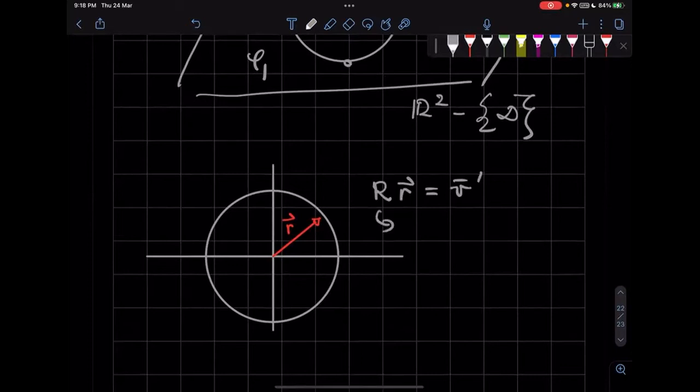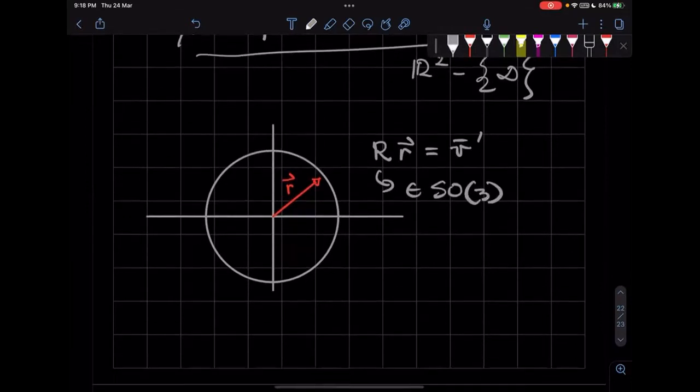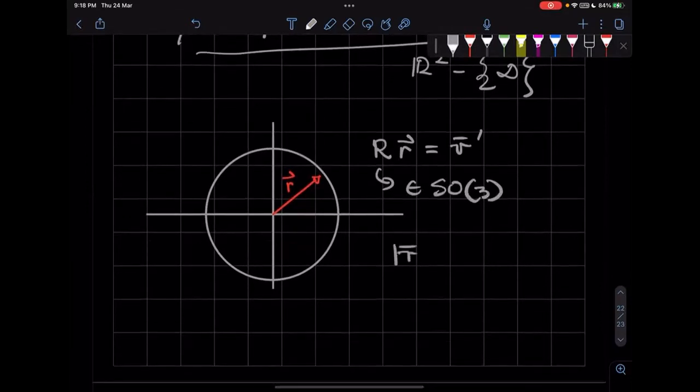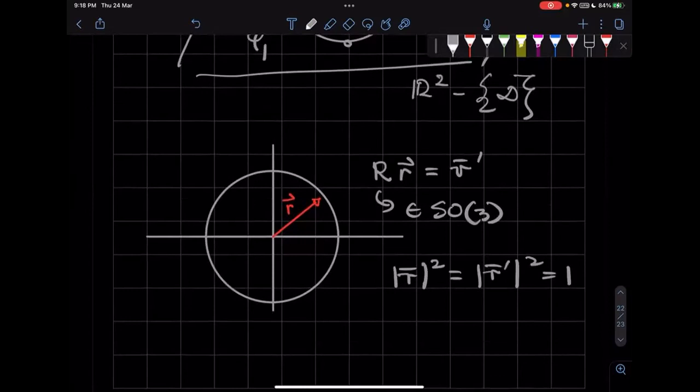But since it's a rotation matrix, that means it's an element of SO3. That means that the modulus of R and the modulus of R prime is the same, and that's 1 mod squared, right?